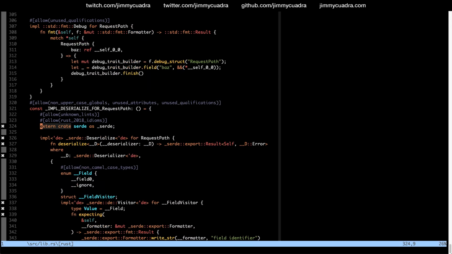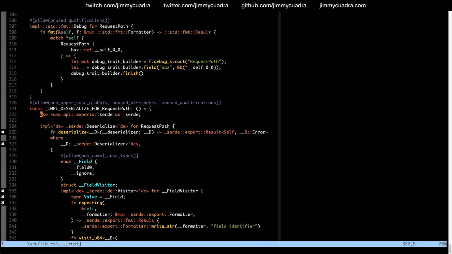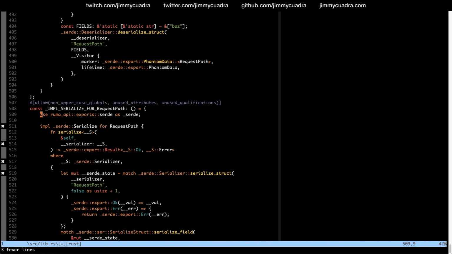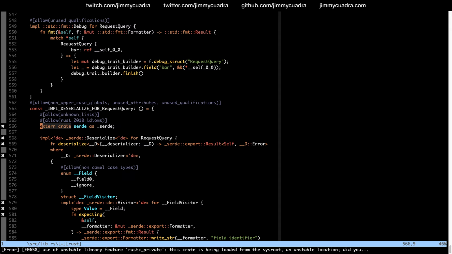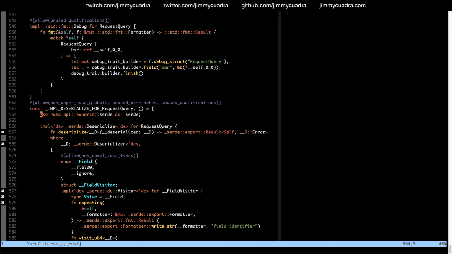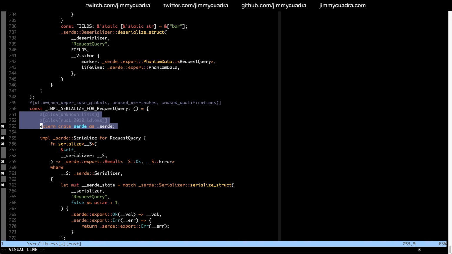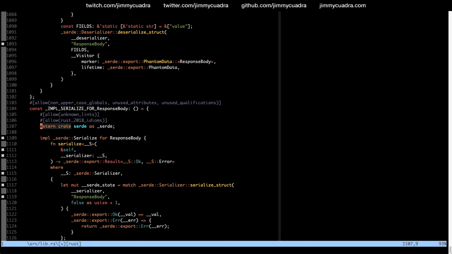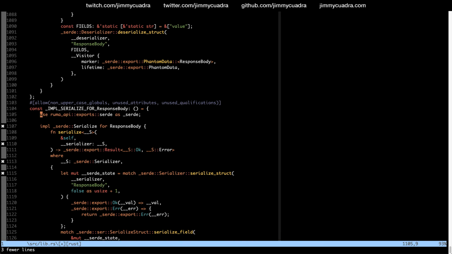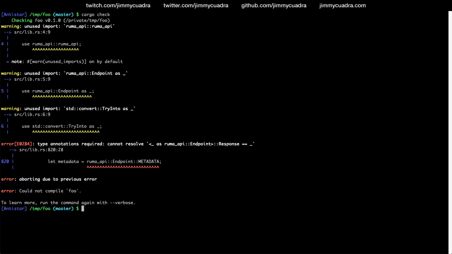So let's do this and get rid of all of these generated things in case this is what it's complaining about. It's hard to know because I don't ideally want it to generate everything, just my macro expansion. Aha! There we go. That was all it took.